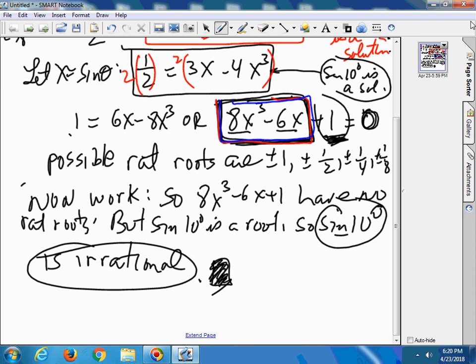I came up with an equation, a cubic equation it turned out, that has sine of 10 degrees as one of its roots. However, we were able to show that this cubic equation had no rational roots. Therefore, the sine of 10 degrees is irrational.